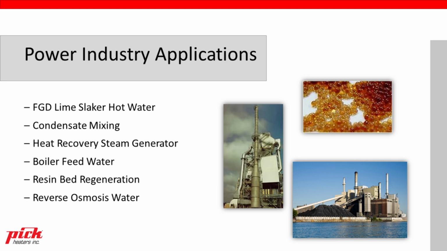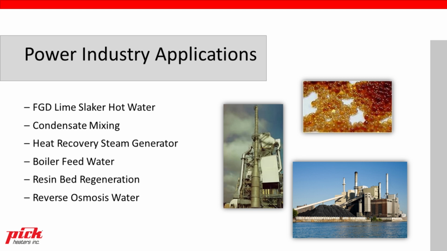Also, we serve the power industry. So, for instance, in coal-fired plants where FGD, or flue gas desulfurization, is required, they'll have a lime slaker and they need hot water for the lime slaker. So a steam injection heater is a great fit there. We also do condensate mixing.